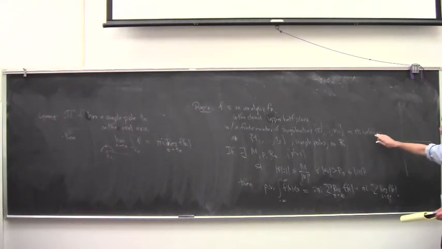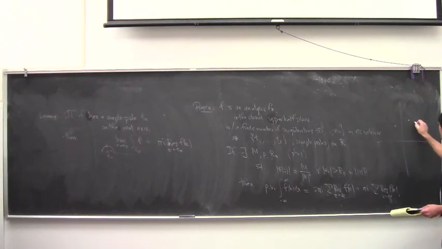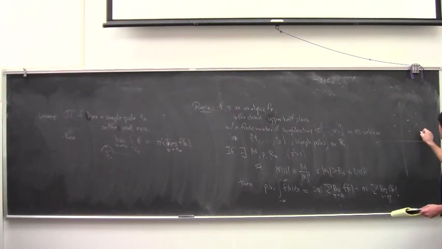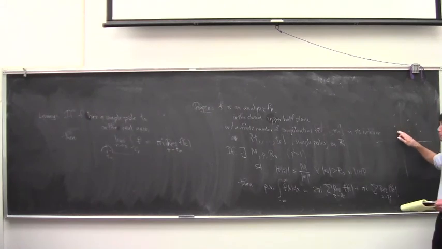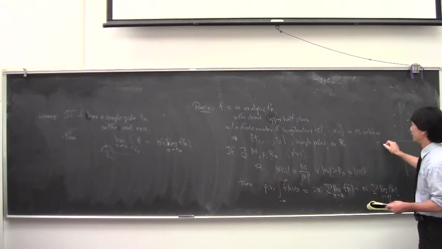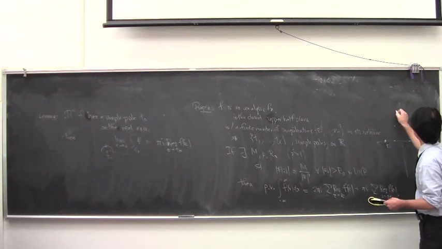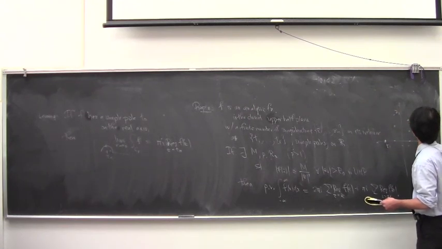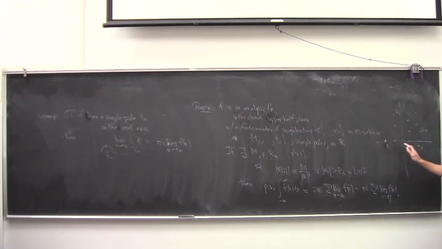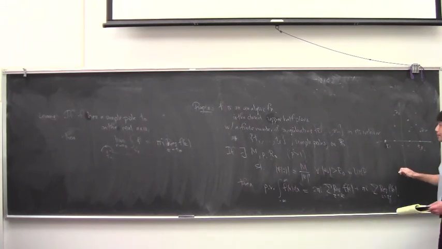It has a bunch of singularities where the function blows up. These are the z's, z1 through zn, and then you also have singularities on the real axis. These are the t's, t1 through tl.